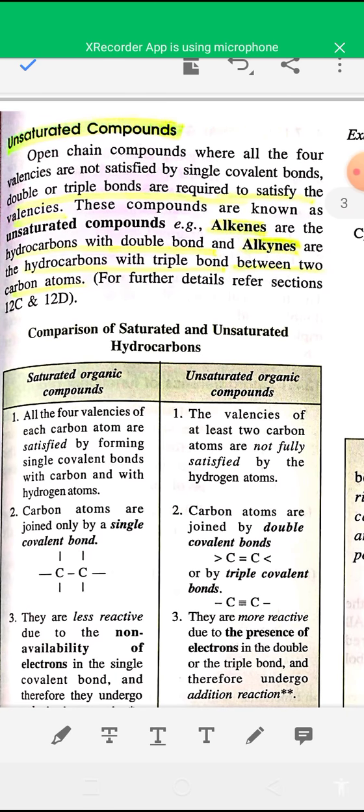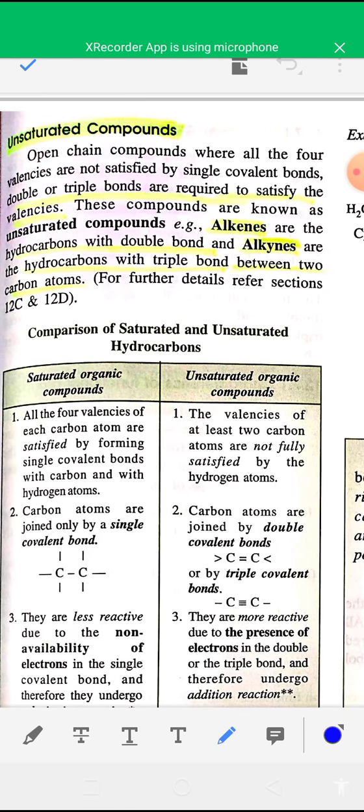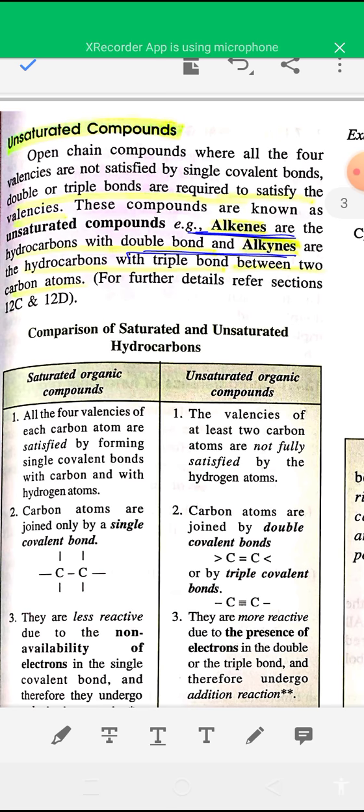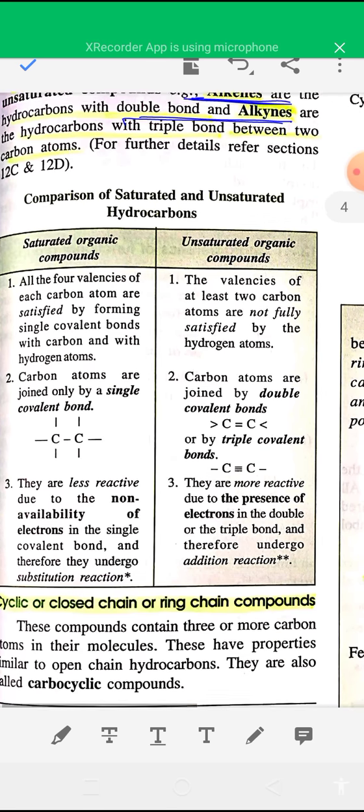In unsaturated hydrocarbon, at least one double bond or triple bond must be present. If a double bond is present, then the unsaturated hydrocarbon is known as alkene. If a triple bond is there, then the compound is alkyne. So alkene and alkyne both are unsaturated hydrocarbons.